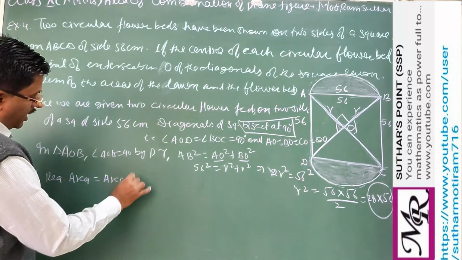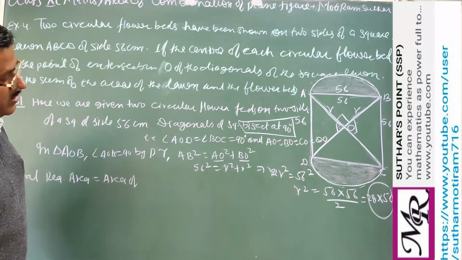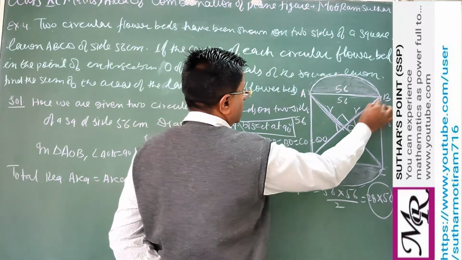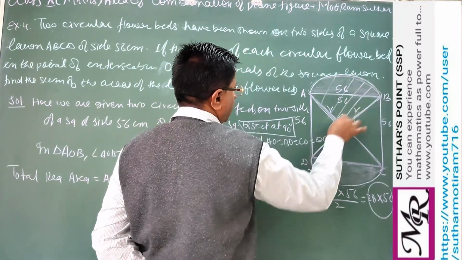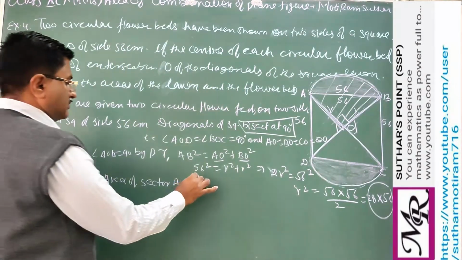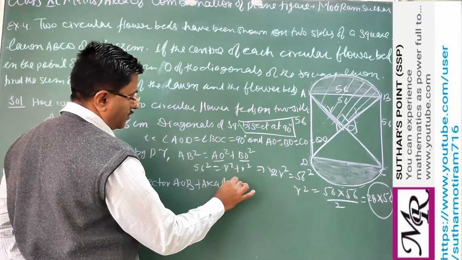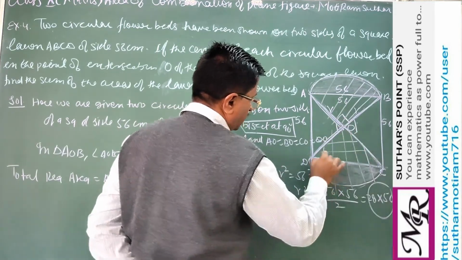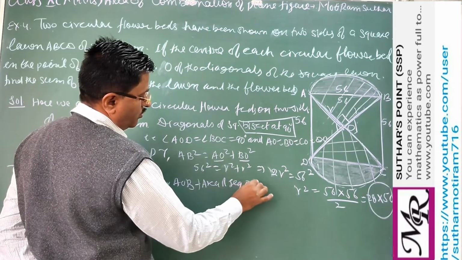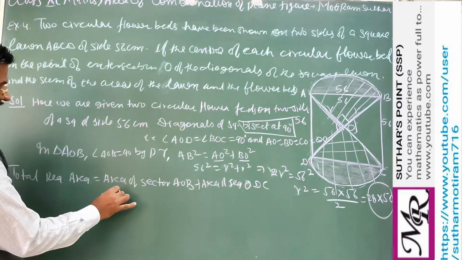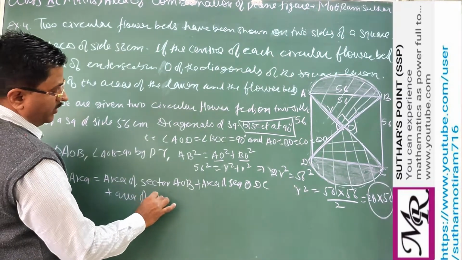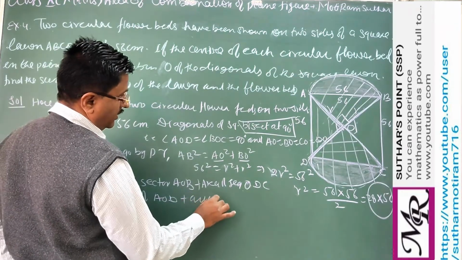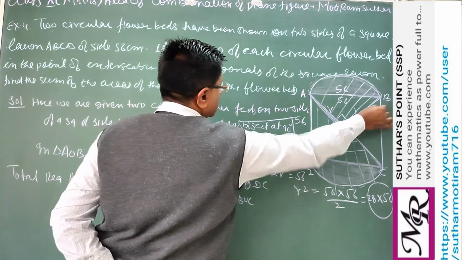equal to the area of sector AOB, this whole we take, area of sector AOB plus the area of the second sector ODC, plus the area of two triangles, that is AOD plus the area of triangle BOC, this second triangle.